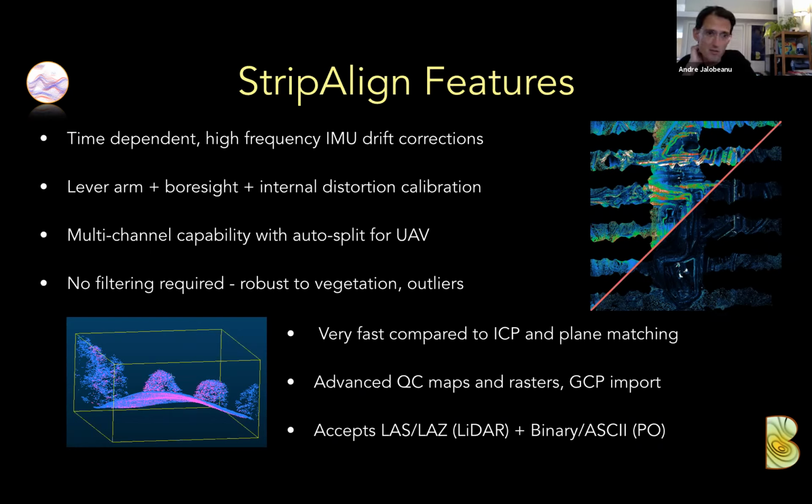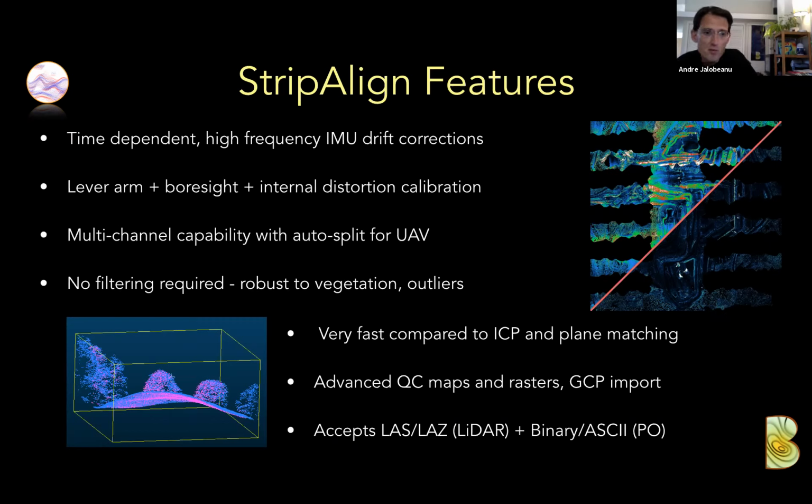There are always bore sight errors, even when you calibrate your data. So this is fully integrated into StripAlign. You can also use the StripAlign software just to perform bore sight calibration. There's a multi-channel capability that can split data automatically for UAV that have multiple beams.